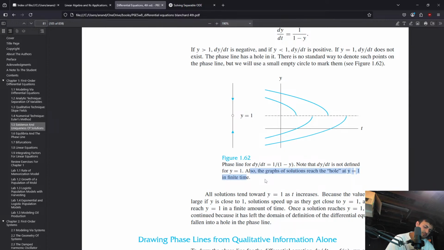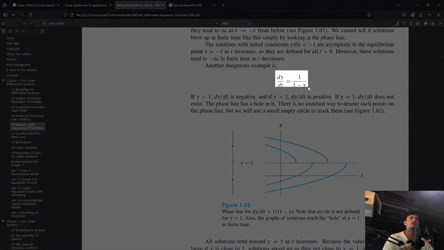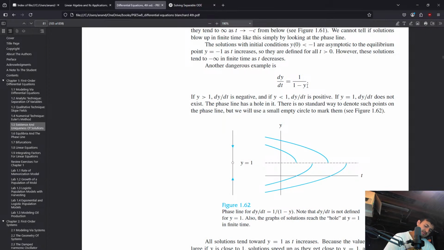So y is equal to 1 minus the square root of minus 2t. Okay, but I actually want to double check that. Can we just get ChatGPT and integrate that? I'm almost positive that's right, but what I got was plus c.